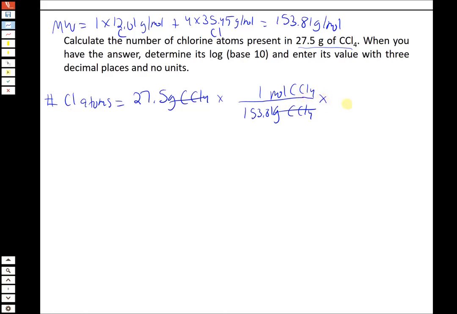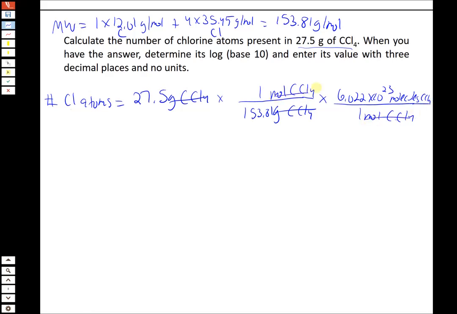But the way I'll do it is, let's now use Avogadro's number. And so for Avogadro's number, we know that there's going to be 6.022 times 10 to the 23rd things per mole. Now again, CCl4 is a molecular compound, so this number is going to tell us how many molecules of CCl4 we have. I ran out of room here, but that's the number of molecules of CCl4 per mole.